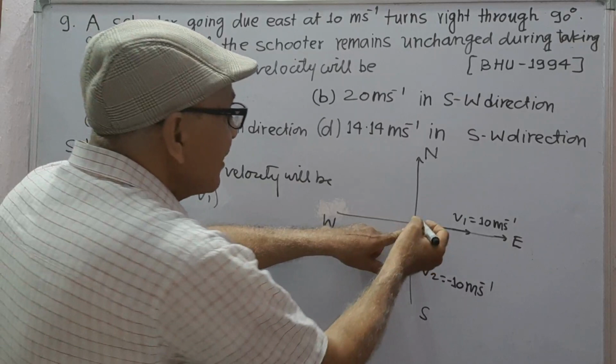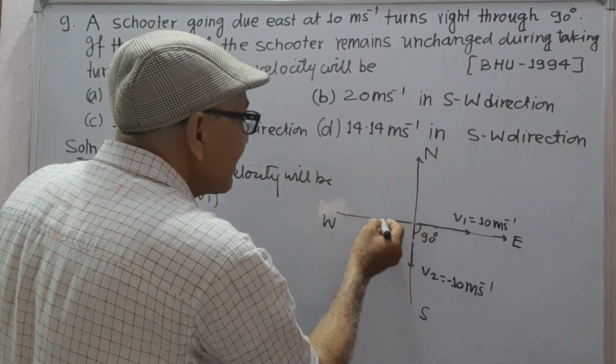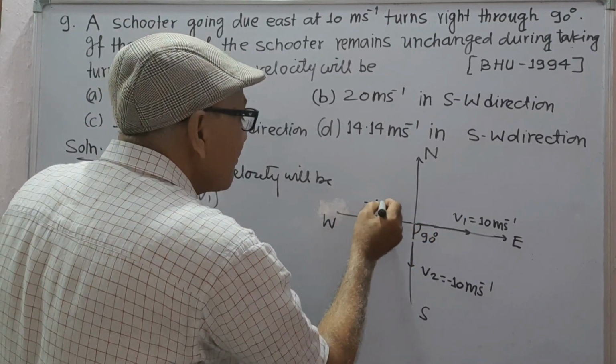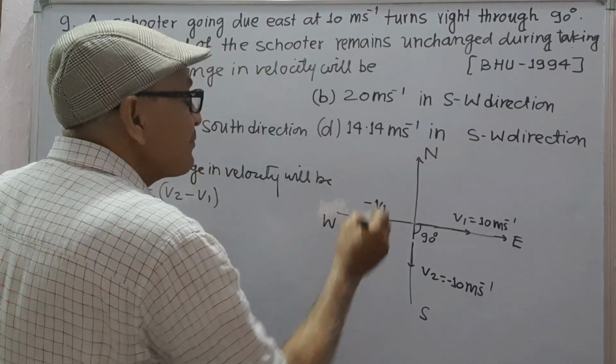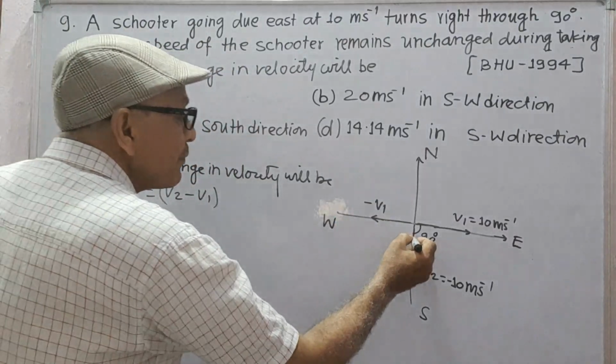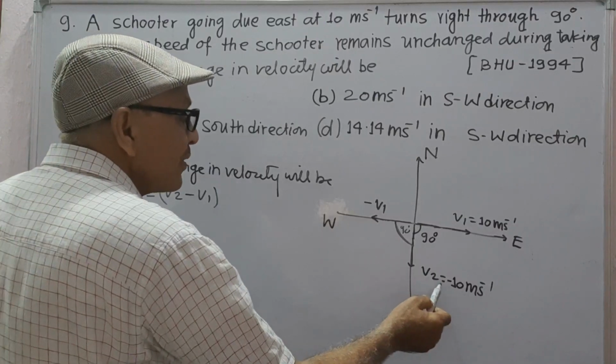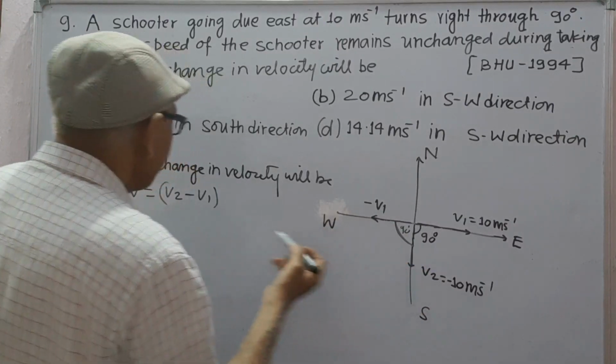This is V2, V1 will be, this will be minus V1 with same magnitude. The angle between V2 and V1 is 90 degree.